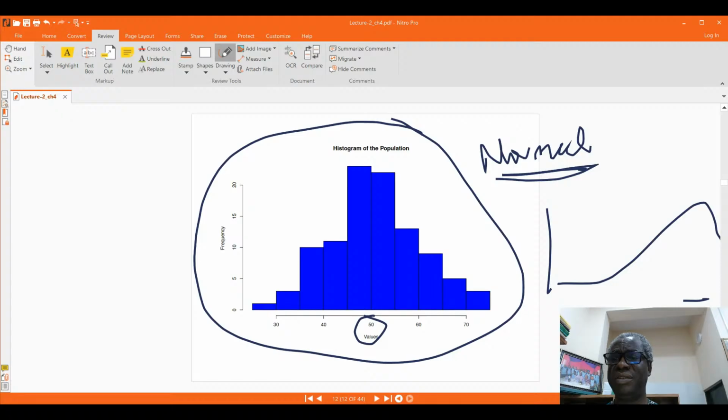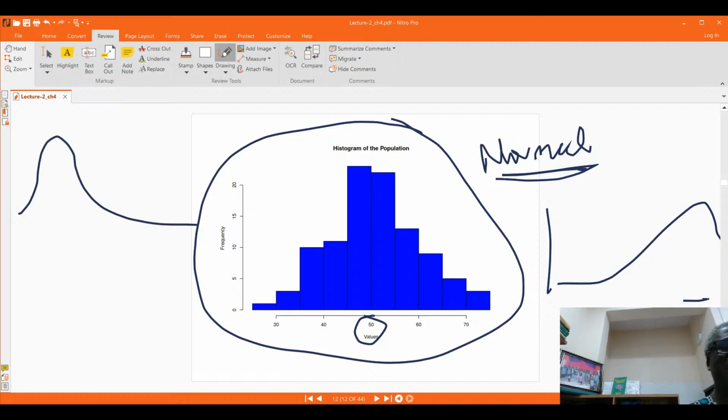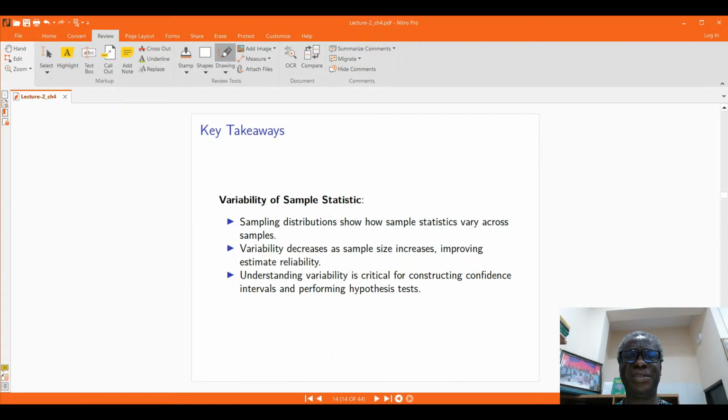Or maybe the shape is skewed to the right or skewed to the left. So, which is not normal. What do we do? Or what will happen? So we are going to talk about that.